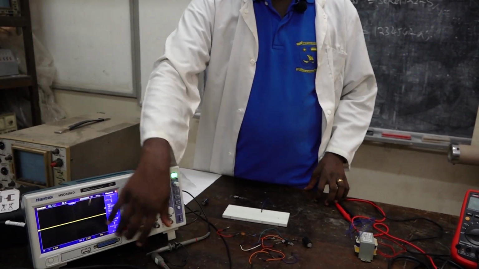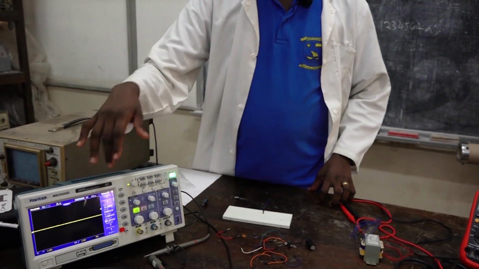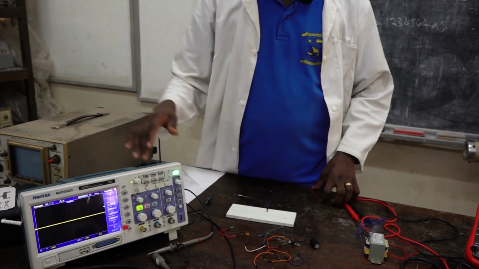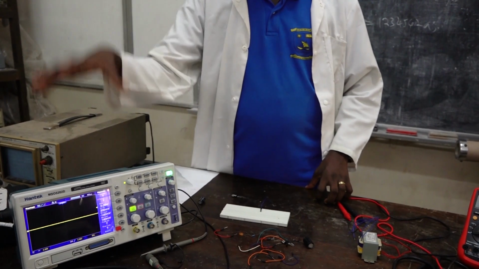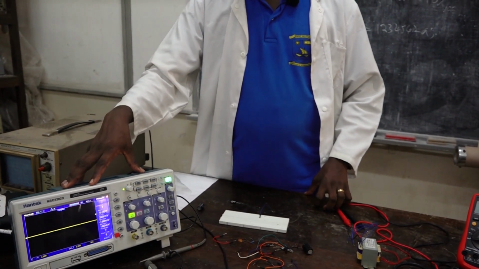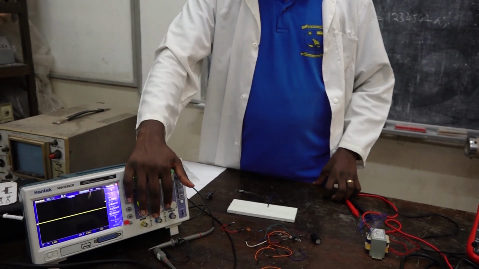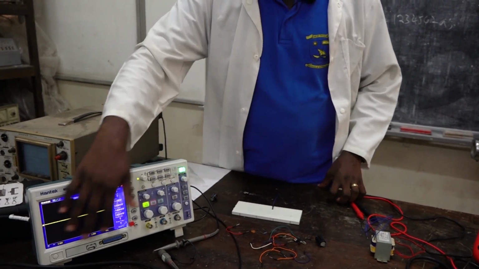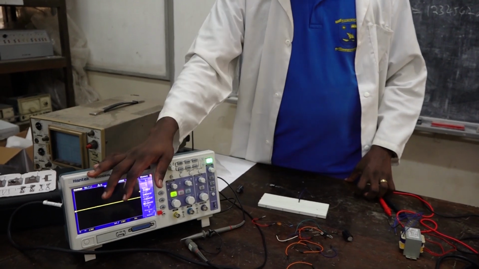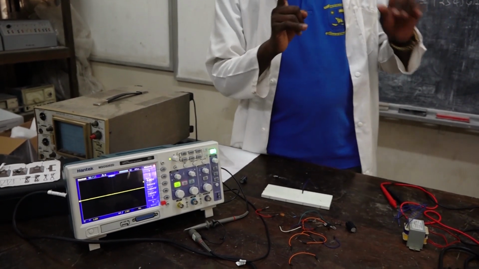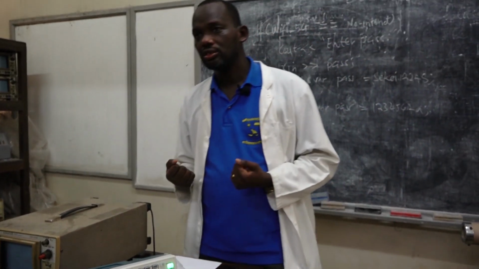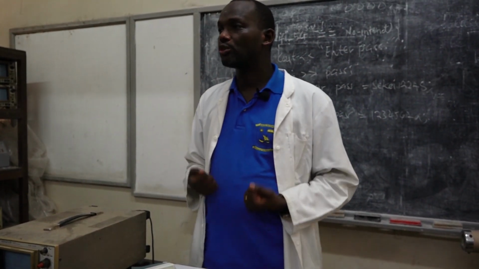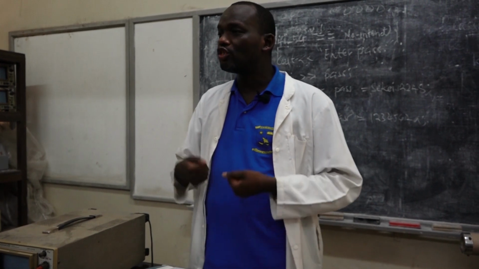So you have two main sections: the menu section and the display section. The menu section is the point where I interface with the digital oscilloscope to ask it to give me some particular information. And then the display is going to display what we have fed. But remember that the oscilloscope, whether analog or digital, is a measuring and testing instrument. So it needs something to be given at its input.